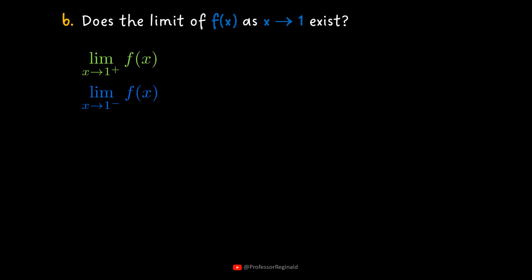B. Does the limit of f of x, as x approaches 1, exist? The limit exists if the one-sided limits are equal.